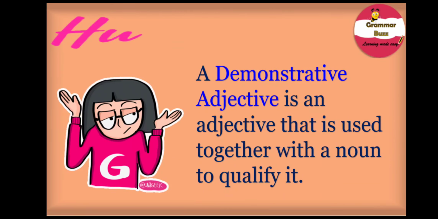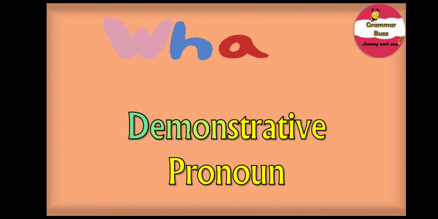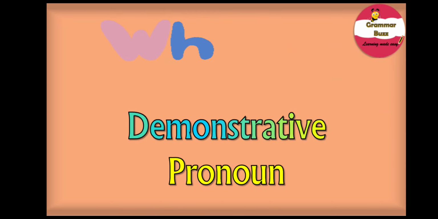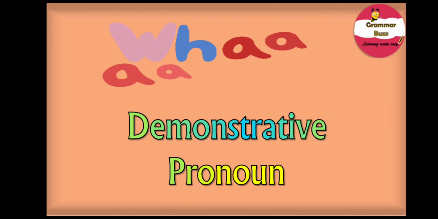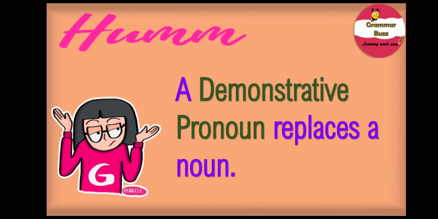Well, then what about demonstrative pronouns? So what is a demonstrative pronoun? A demonstrative pronoun is a pronoun that replaces a noun. That's quite simple because that's the job of any pronoun. You know that, right?